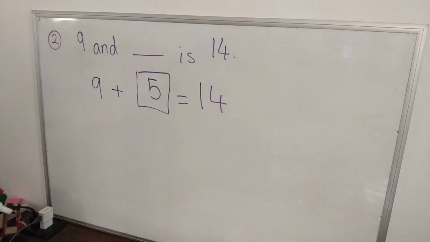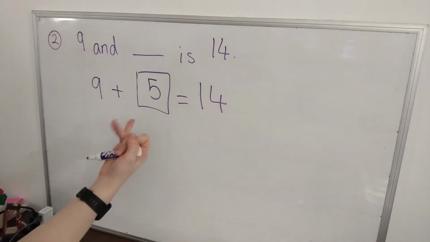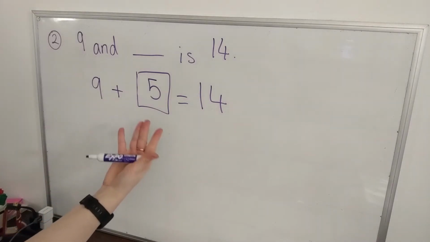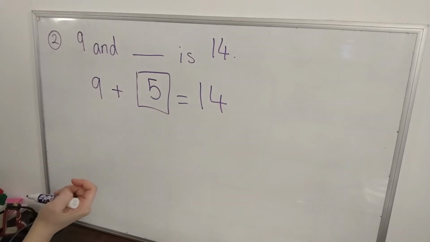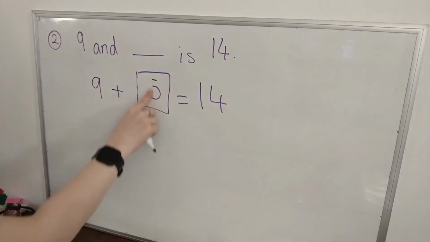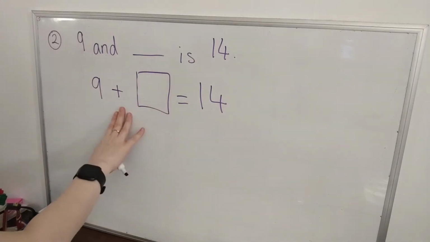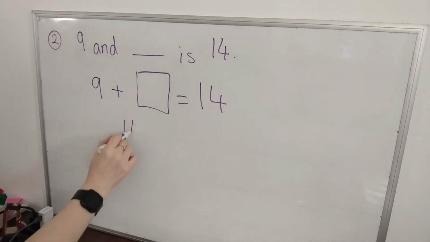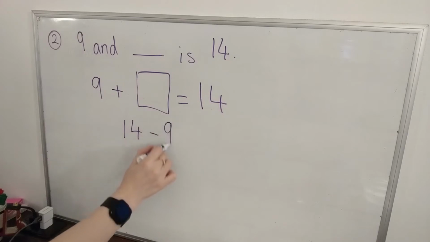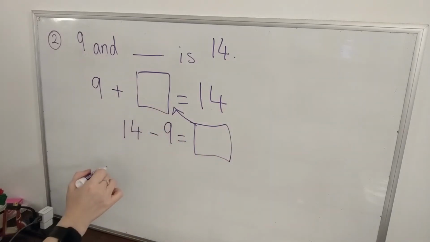If I wanted to use my counting on strategy with my fingers, I could say 9 in my head, 10, 11, 12, 13, 14. I counted 5 more fingers to get to 14. Or I could have also done a subtraction. What is the opposite of addition? It's subtraction. I would say 14 minus 9 equals that number.